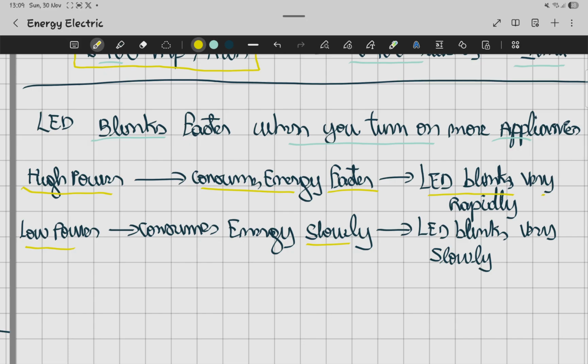This is just to give you an idea of how many blinks you're going to get at the LED. The more appliances connected, the more blinks you're going to get, and the fewer appliances connected, the fewer blinks you will get for you to reach 1 unit.